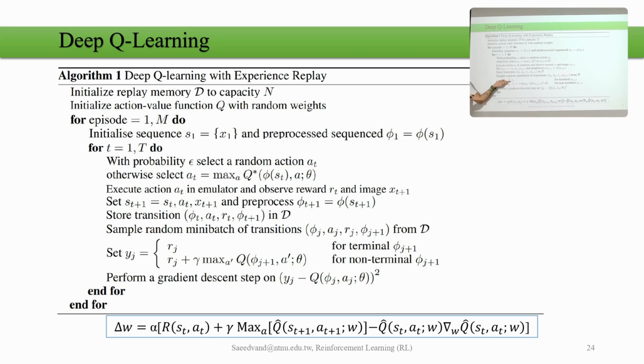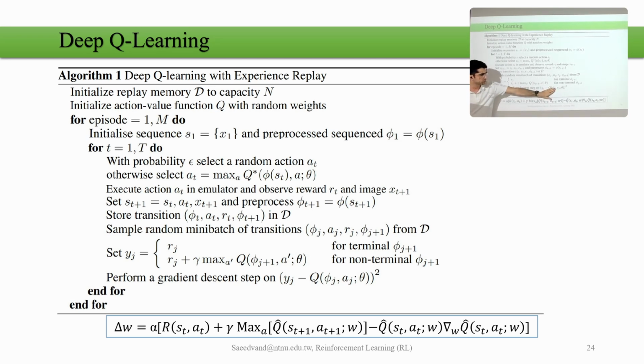If the state is terminal, we don't have a next state, so when it is finished we don't have a next action, right? Then just the reward comes. But if it's not terminal, as we did in Q-learning, if you look at the code, the reward is added to the discounted max of next actions. Two conditions, and you always run this in the code. When it is terminal, then just the reward. Then we perform a gradient descent step on yi that we calculated here, subtracted by Q of this one.